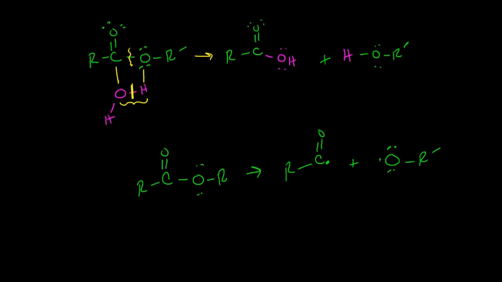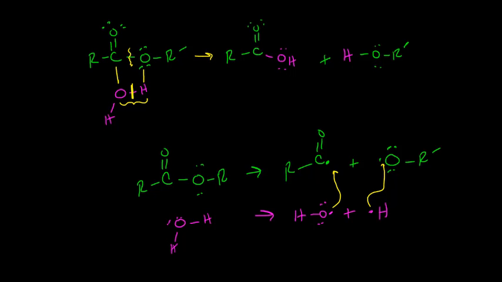And on water, we would need to break apart this OH bond, so we end up with a hydroxyl radical and a hydrogen atom. Once we've done this, we can then reform pairs to make our covalent bonds.